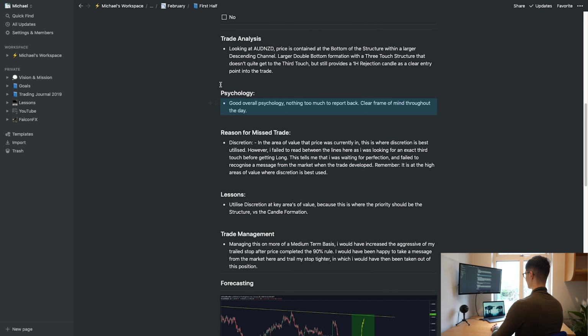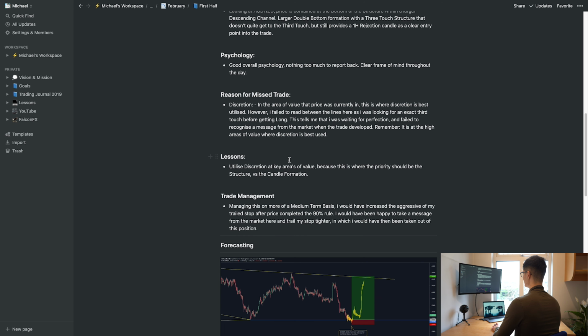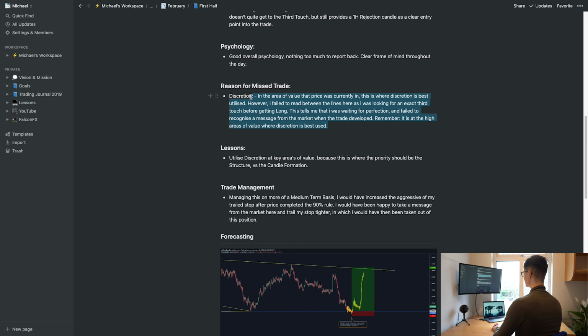So this is the key section. As you can see, it's quite simplified here, but usually in the past, when I was in the negative or the break even or not quite in the consistency frame of mind, this is where I'd go into a lot of detail, which is the key part. Reason for missed trade: it was discretion in this area.